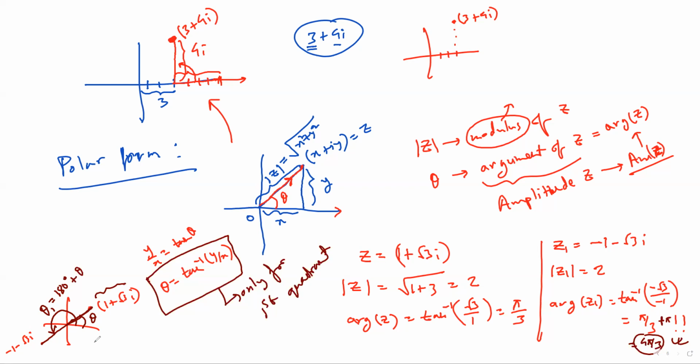And if it's in the fourth quadrant, it's either minus theta or it's 360 minus theta. So this one is for the third quadrant numbers, right? Please do similar calculations on your own for the second and fourth quadrants and develop expressions. And while solving problems, you do not have to remember formulas. You can just geometrically calculate the argument every time for every number individually, right? Okay.